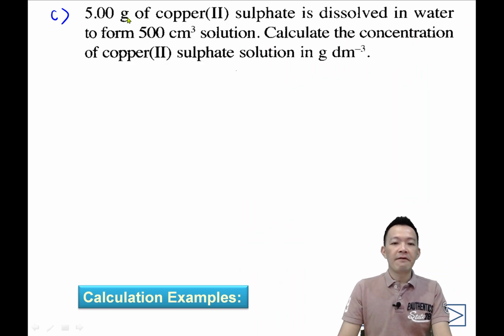Okay, and C. 5 gram of copper 2 sulfate powder is dissolved in the water to form 500 cubic cm of solution.